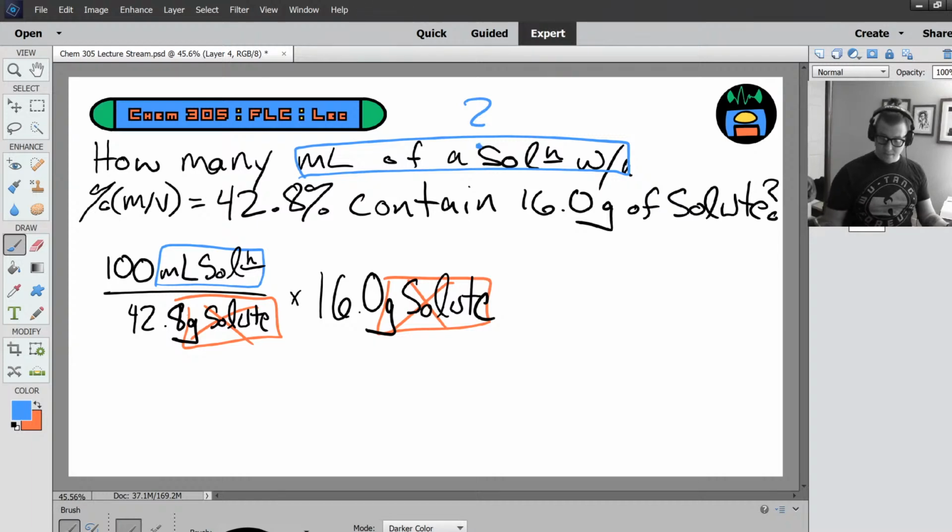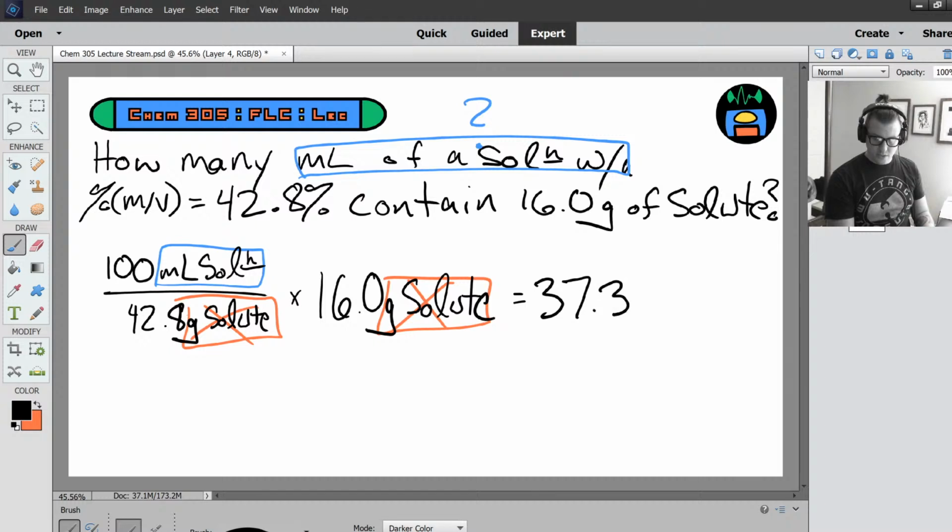So at this point in time, calculator's all tingled, we're ready to crunch our numbers. So we go 100 times 16 divided by 42.8. All right, so this comes out to be 37.38318. It keeps going, but we don't have to.